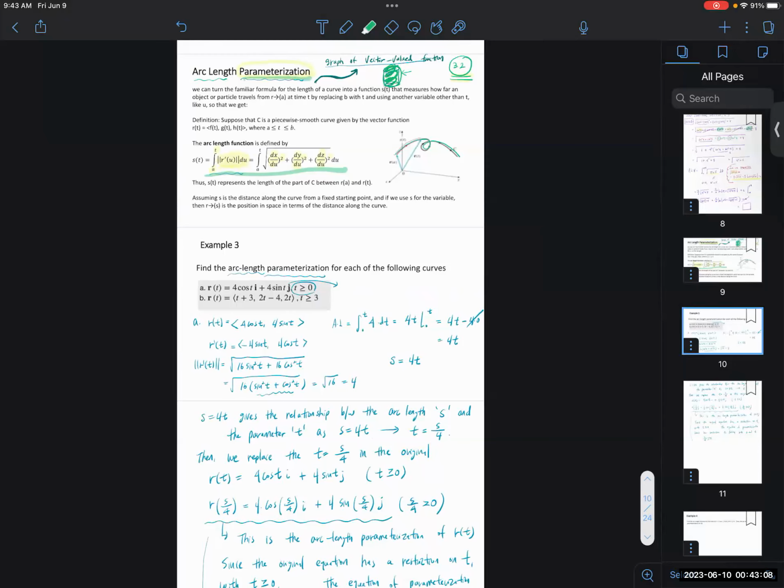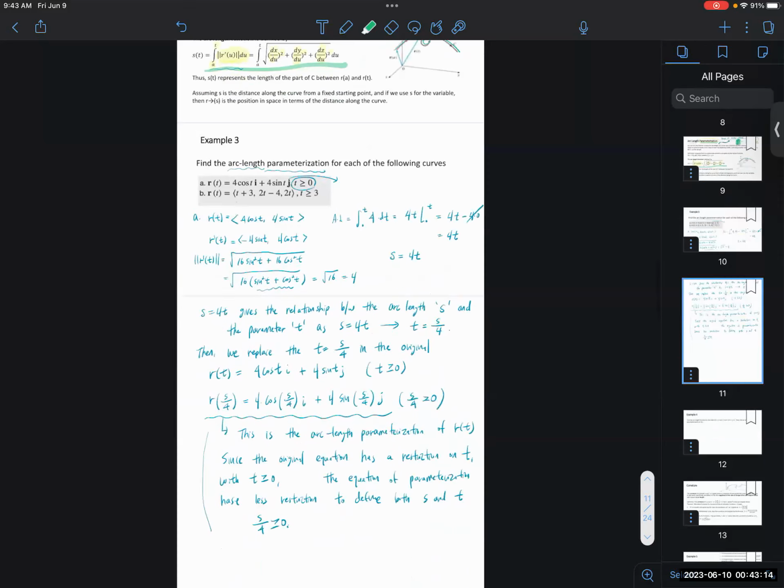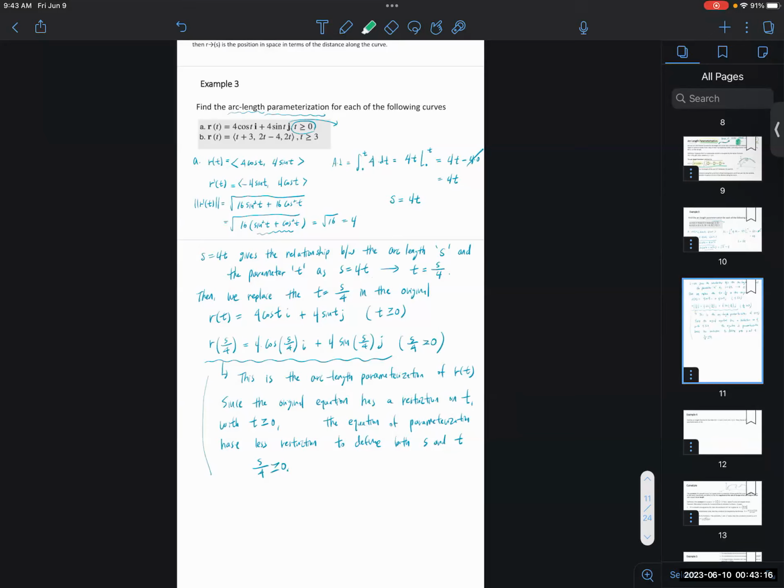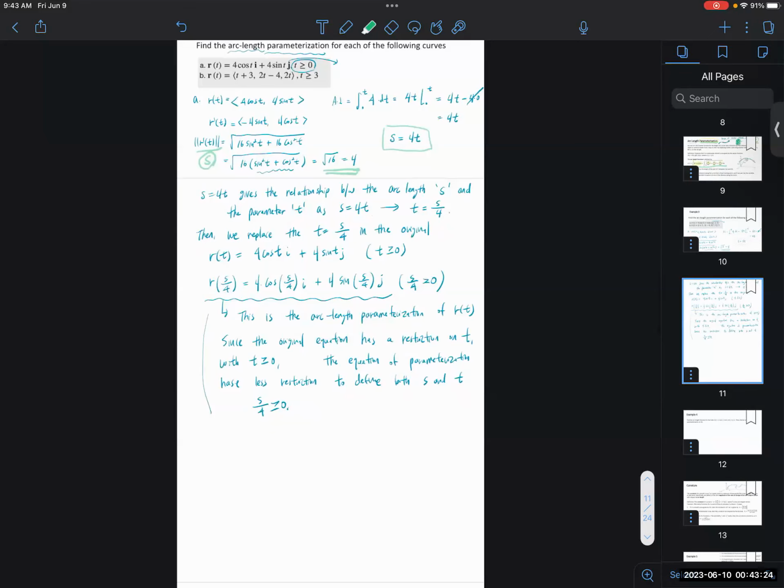It could be curving, it could be twisted, it's not just one curved line. So you take a look at S, and we found S equal to 4t. We solve for t because the parameterization is in terms of t, and then plug back into the original equation. This is the parameter equation, and this is the original equation.